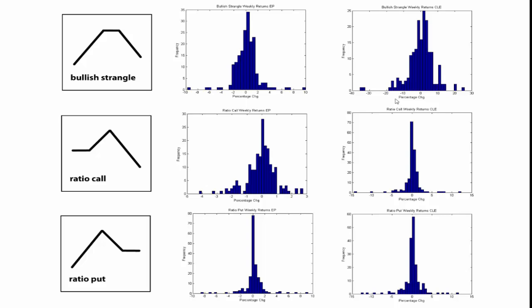When we go to the right-hand side and look at the strangles, the ratio calls, and the ratio puts, we are seeing numbers like 30, 70, 60 weeks where you're making a small positive return. That relatively higher frequency of small returns is the signature of premium collection. So if you see strategies that have very small but very frequent returns, you're probably doing premium collection.